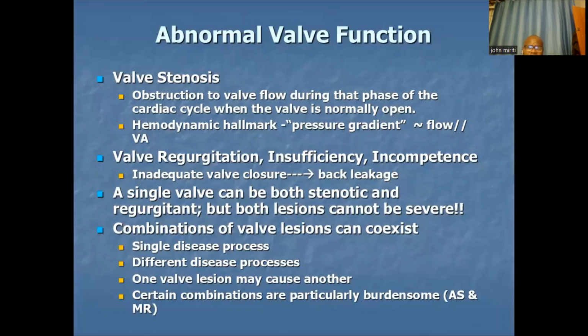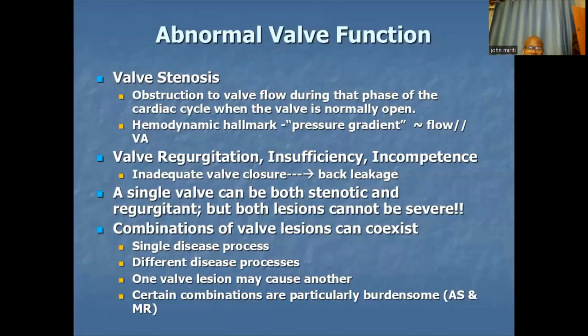The other is valvular regurgitation, or insufficiency, sometimes called incompetence, which means there is inadequate valve closure leading to backward flow of blood to where it originated from, most commonly from the ventricles. A single valve can be both stenotic and regurgitant, but both situations cannot be severe. A combination of valve lesions can coexist.